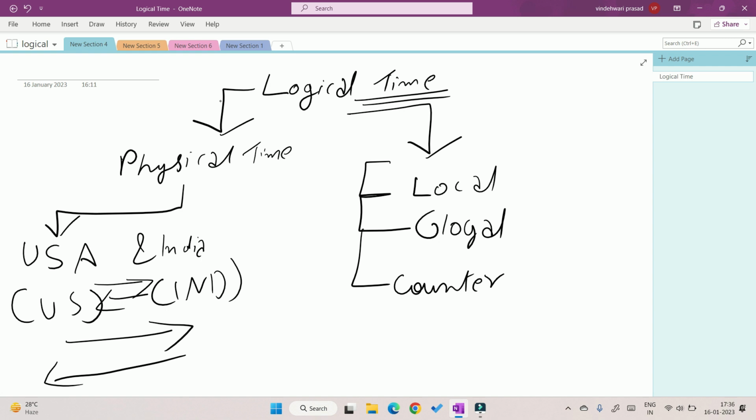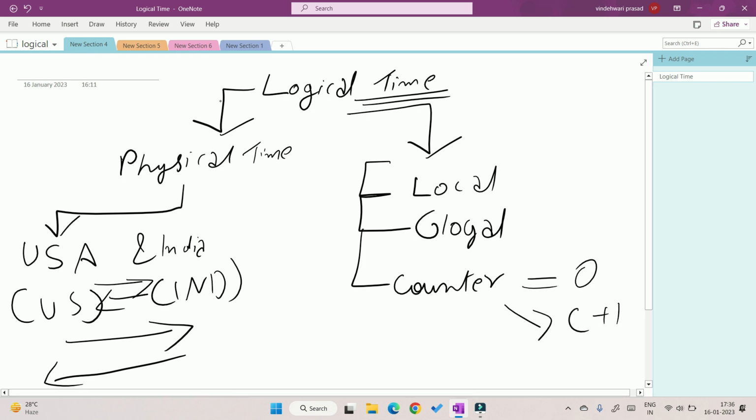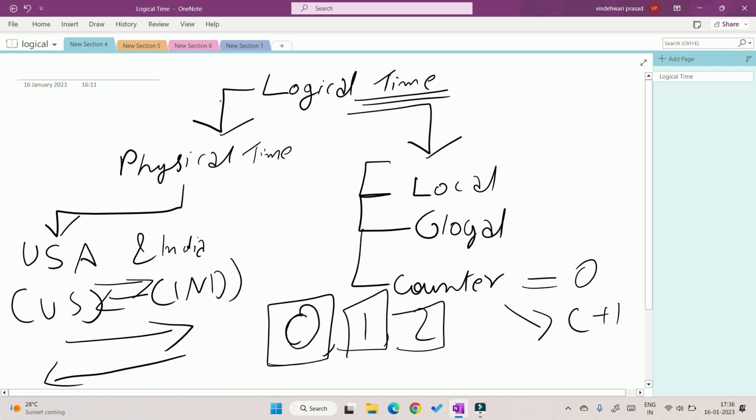So we start any process with the counter 0. When the next event happens, we increase the counter. Suppose the counter value is 0, then 1, then 2. So the event with counter 0 happened first, then 1, then 2.